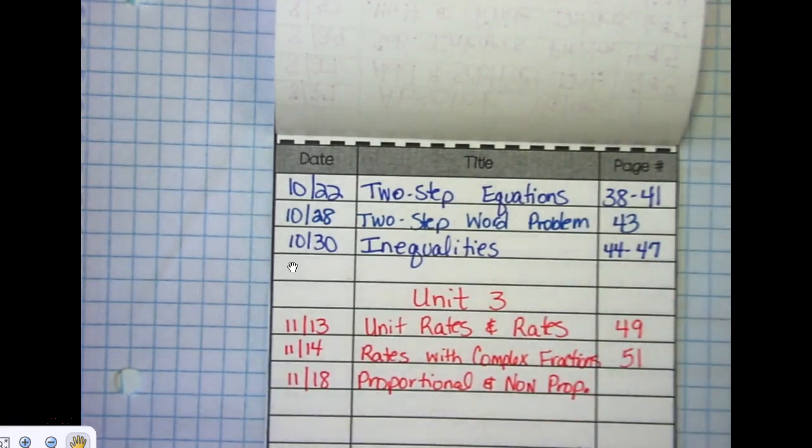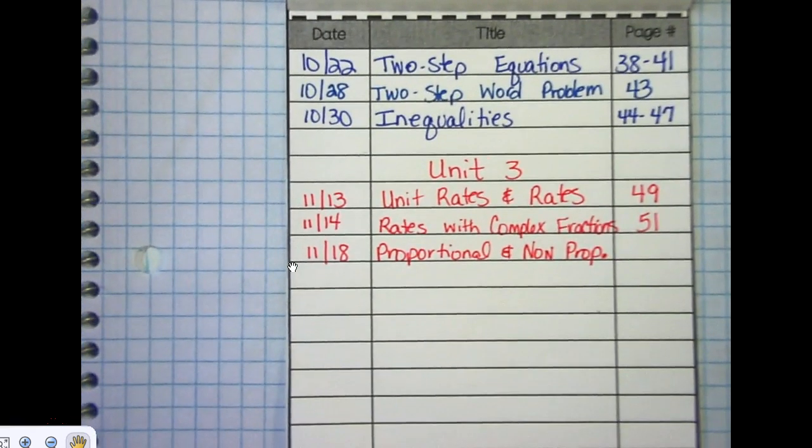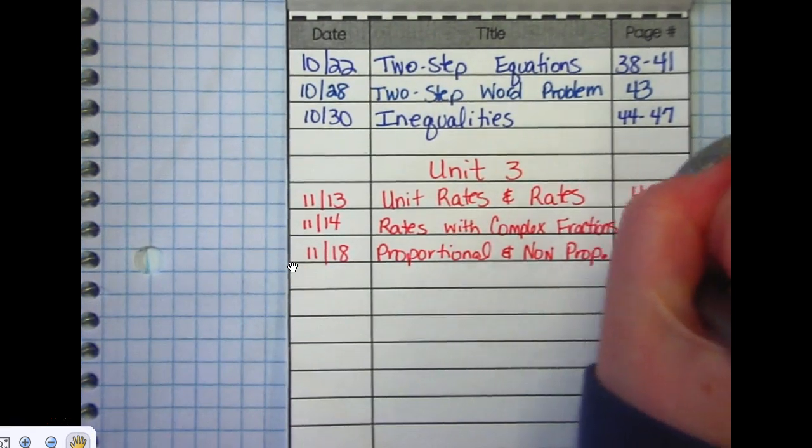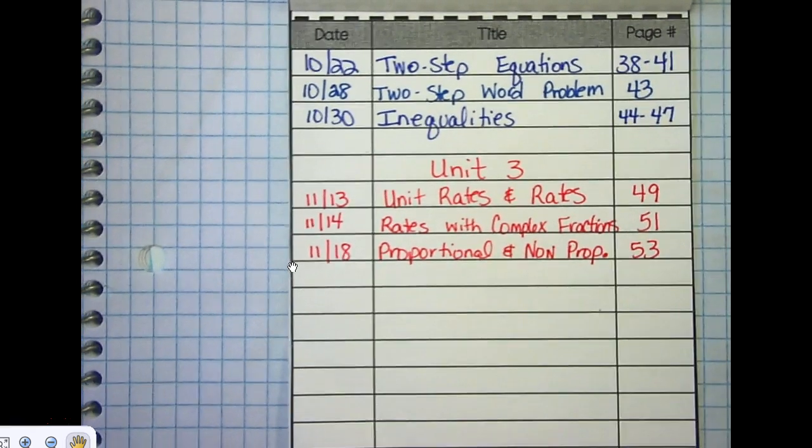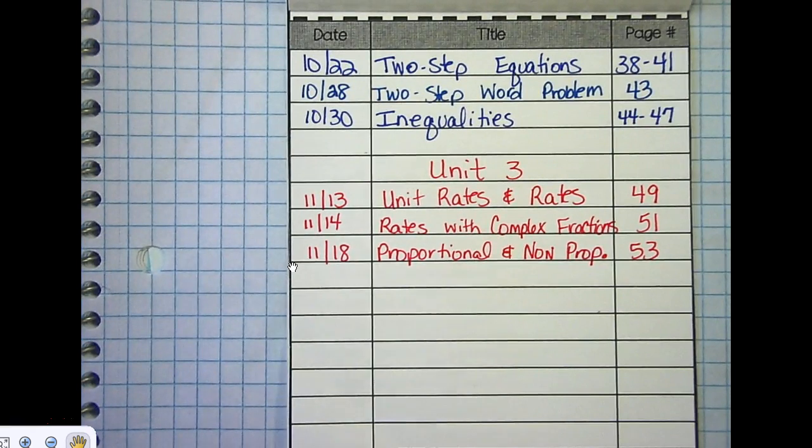I'm going to abbreviate the second word. 1118, proportional and non-proportional, and that's page 53. All right, once you get that taken care of, you can finish your warm-up, and then work on your skills practice, and then have your skills practice checked by a teacher when you're done.